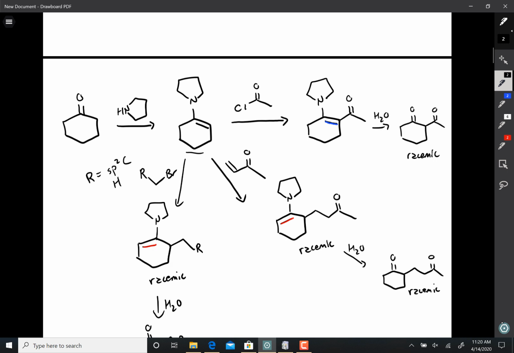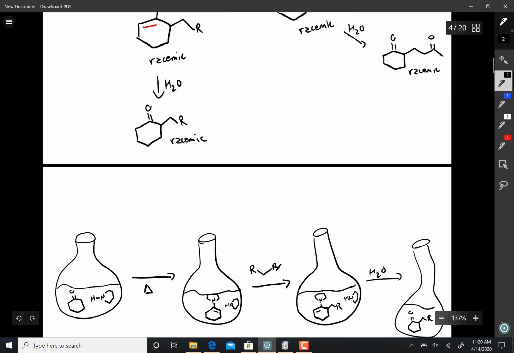Now, let's talk about why the double bond appears in the different places. That has to do with the mechanism. So once you have your enamine, and let's do the acid chloride reaction first.